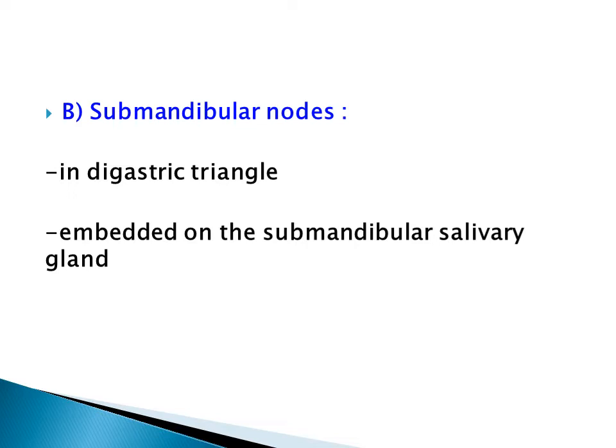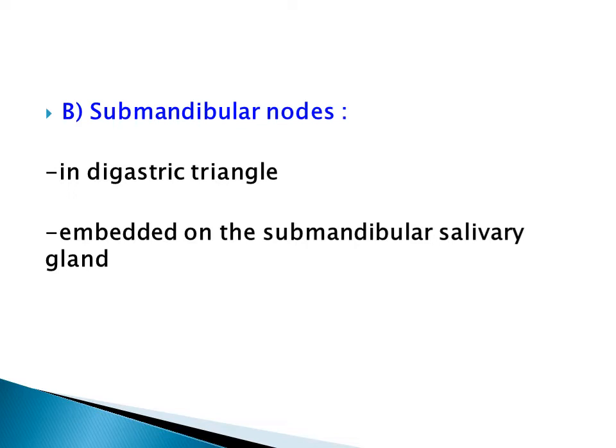Below and in front, we have the anterior belly of digastric. That is the boundary of the digastric triangle. One of the important contents of the digastric triangle is the submandibular gland. So the superficial part of the submandibular gland is present in the digastric triangle, and these submandibular nodes are embedded on the submandibular salivary gland.